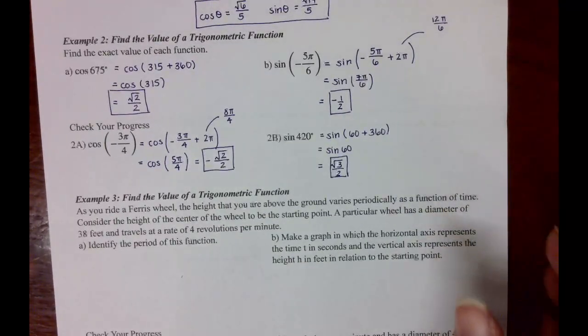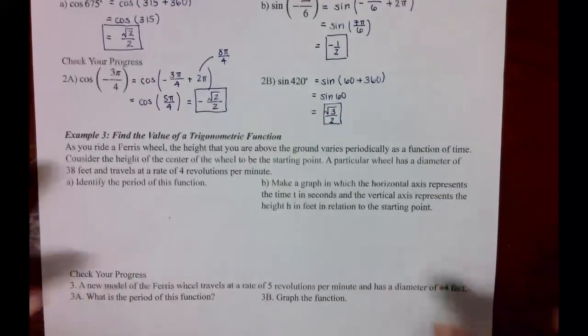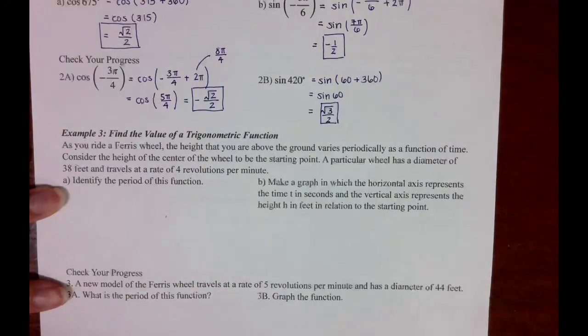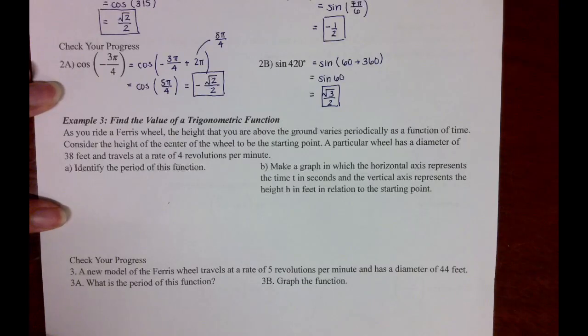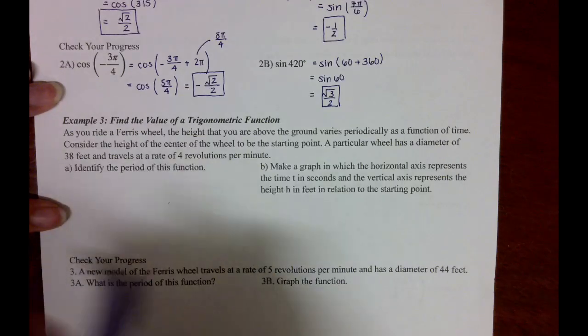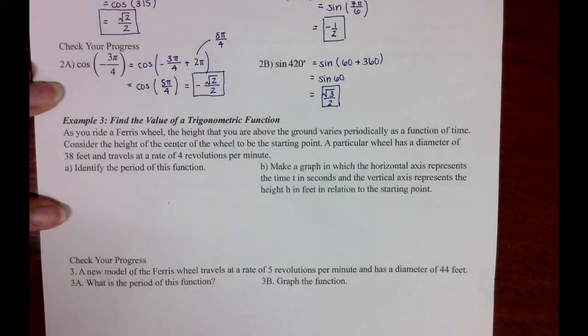So now moving on to our last example. Okay, so example 3 says, as you ride a Ferris wheel, the height that you are above the ground varies periodically as a function of time, right? Because it goes in a circle. Okay? Consider the height of the center of the wheel to be the starting point.